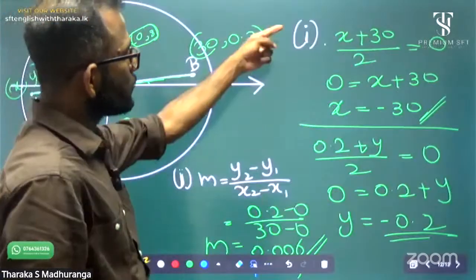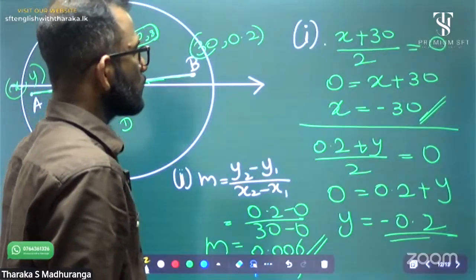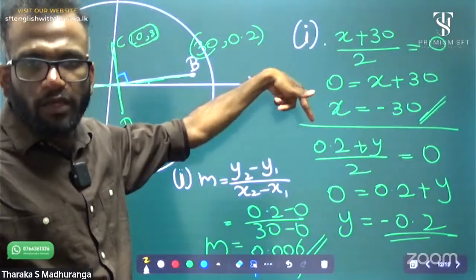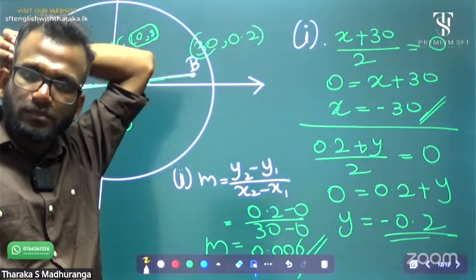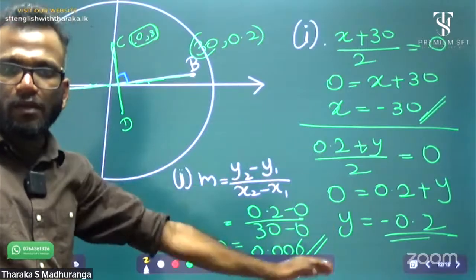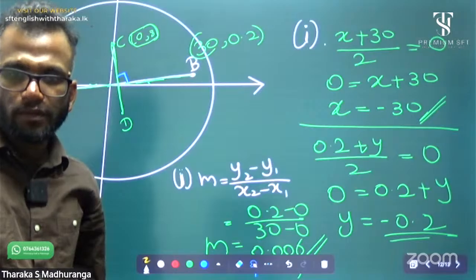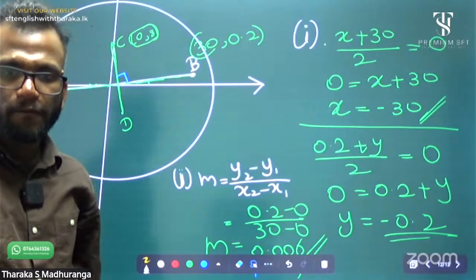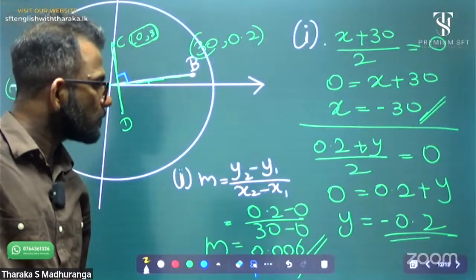Okay, in the first question we got the coordinates of point A. Okay, Rehlan, that's okay. Yes, that's a problem.